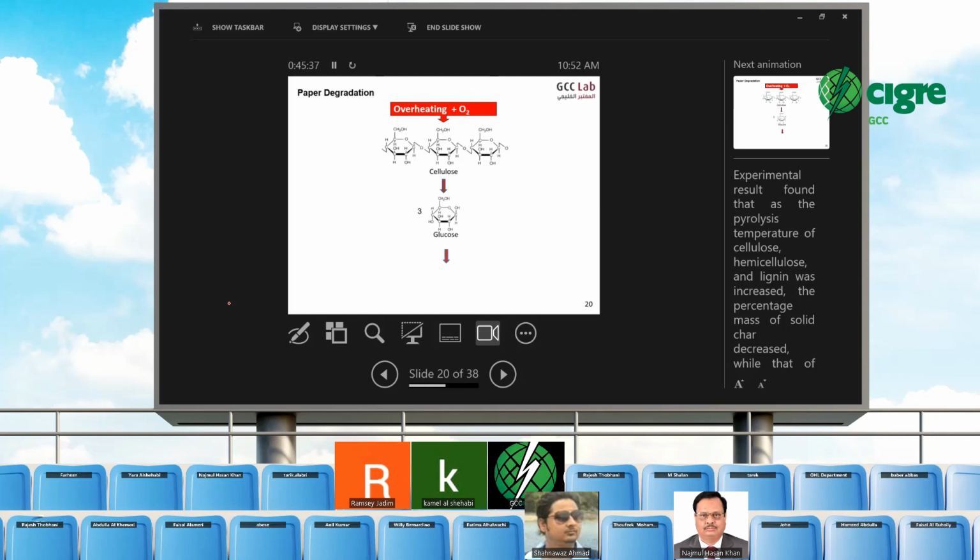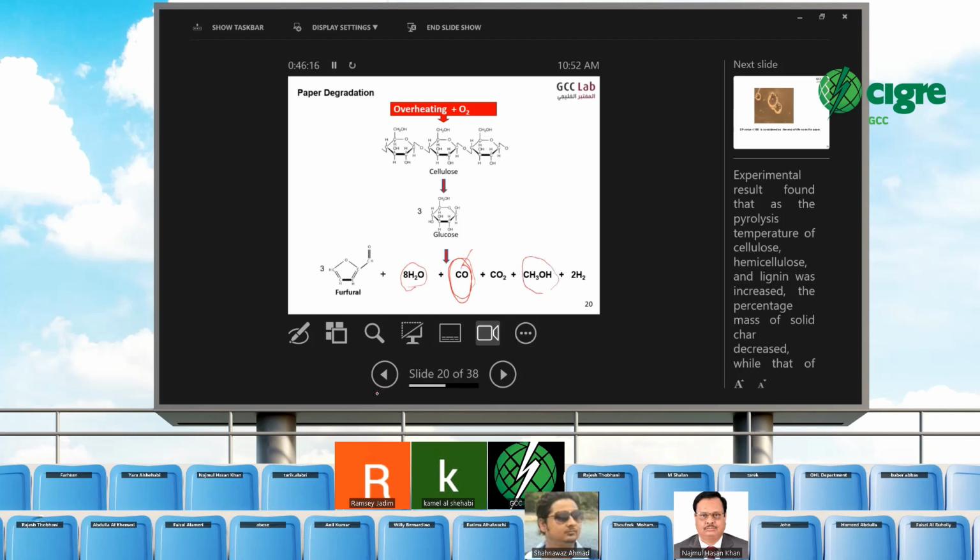But usually the products of the degradation of the paper are furfural or furanic compounds. It is written here as furfural, but actually it is 5 furanic compounds. And you will get water, mostly CO. CO is the first key indication of the degradation of the paper.